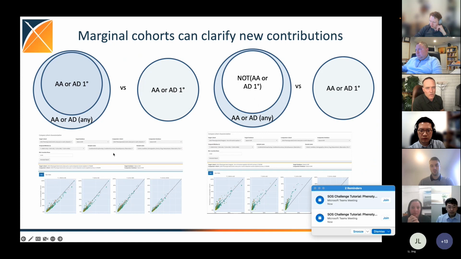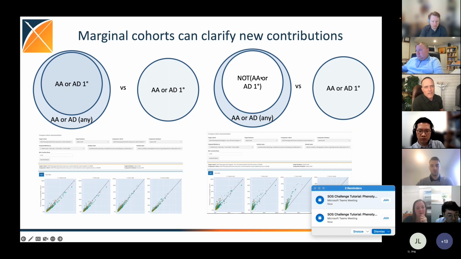And just to give you a high level overview, if I compare this larger set of having any position for aortic aneurysm or aortic dissection to just having it in a primary position, I might be convinced that these largely look like similar cohorts. I could take a look at the tables and probably see a numerical representation of what we're seeing here in these covariate plots, where we are seeing largely on-diagonal elements.